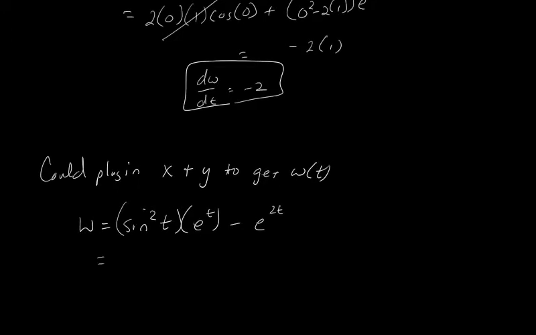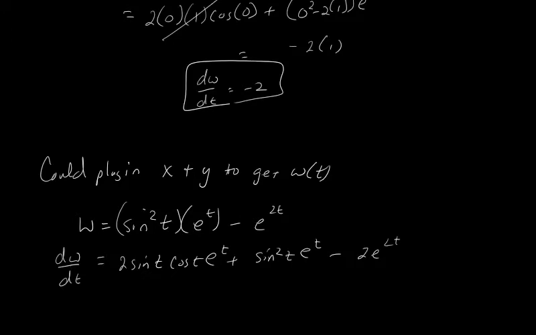Then for dw/dt, we're going to have to do a product rule for the first one, so that's going to be 2 sine t cosine t times e to the t plus sine squared t e to the t minus 2e to the 2t.